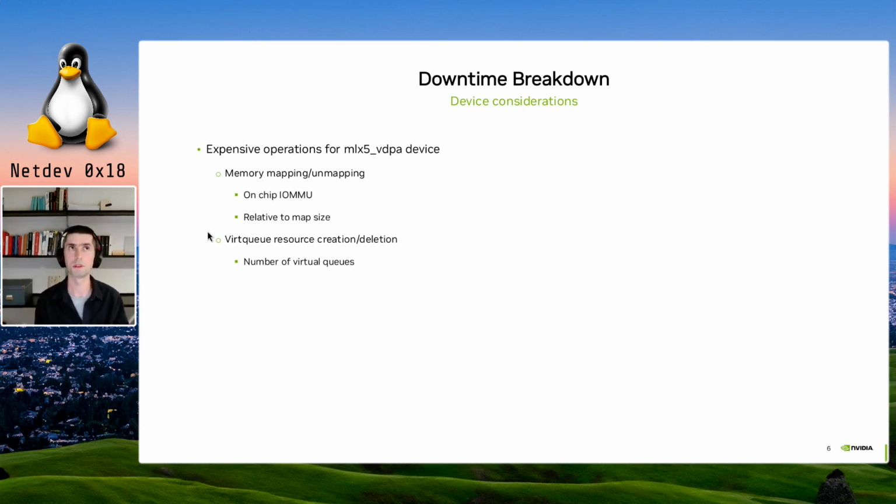It used to be even a second if they were really, really large. And furthermore, you have to delete the old mapping, which also takes some time. Then the hardware work queue creation and deletion is not as expensive, but when you have many devices with many work queues, it adds up, as we will see.